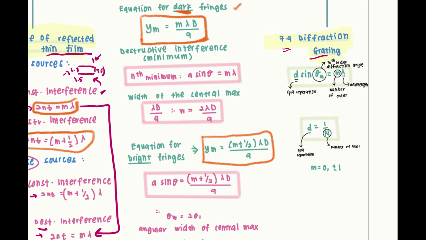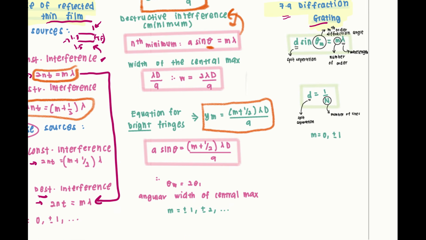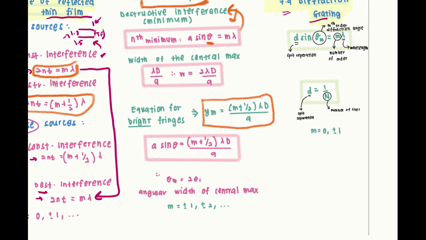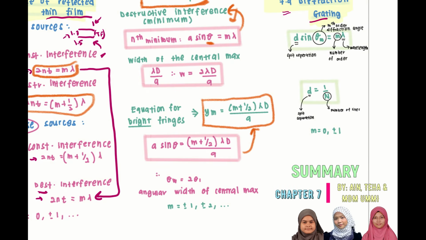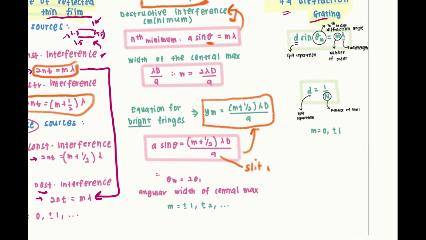We can also have the equation in terms of the angle: a sin theta equal to m lambda for destructive or dark, and a sin theta equal to m plus half lambda for bright fringes. Here a is known as the slit width. We only have one slit, a single slit.